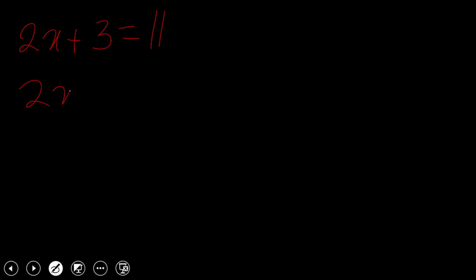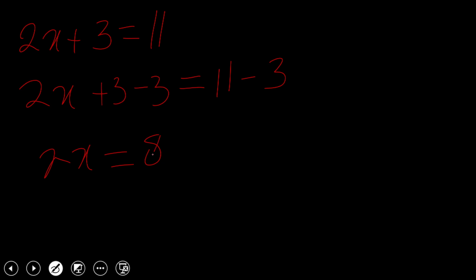So we have 2x plus 3 minus 3 equals 11 minus 3. Now 2x plus 3 minus 3 is gone, equals 11 minus 3, which is 8.